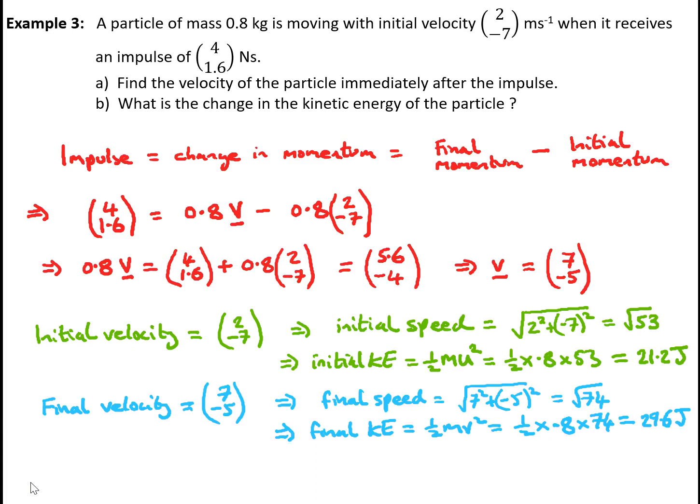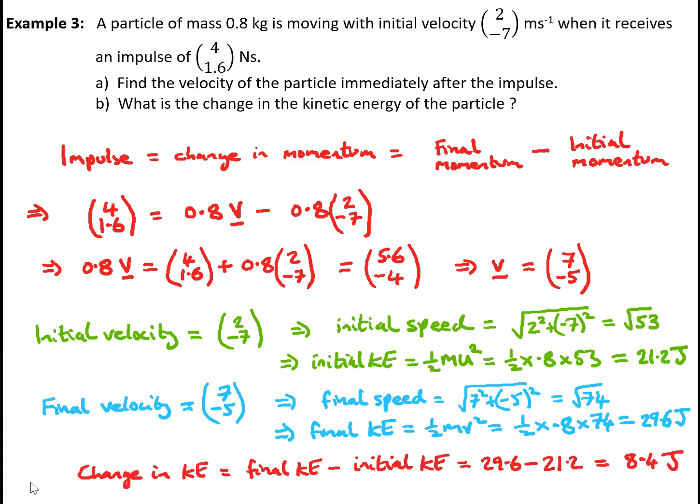So we've got a final KE of a half times 0.8 times 74, which is 29.6 joules. The change in KE is the final kinetic energy minus the initial kinetic energy, which is 8.4 joules.